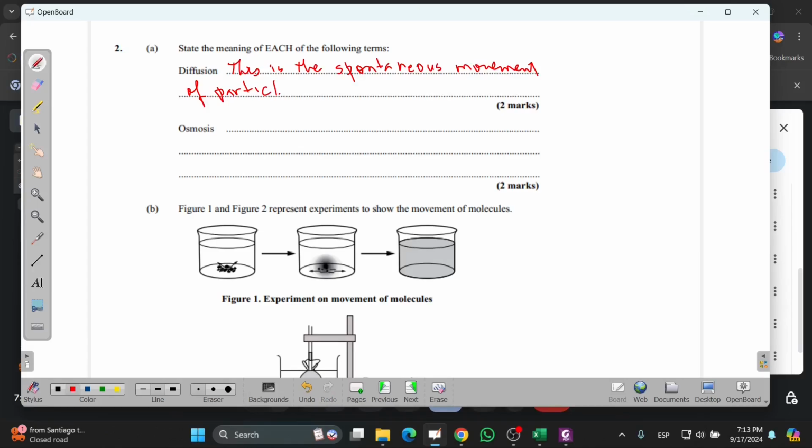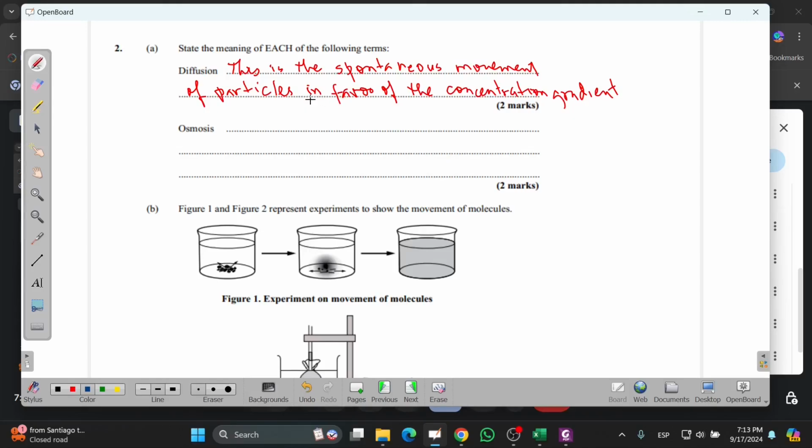Particles in favor of the concentration gradient. You can say in favor, you can say along the concentration gradient, right? You can also say from a region of higher concentration into a region of lower concentration, right?